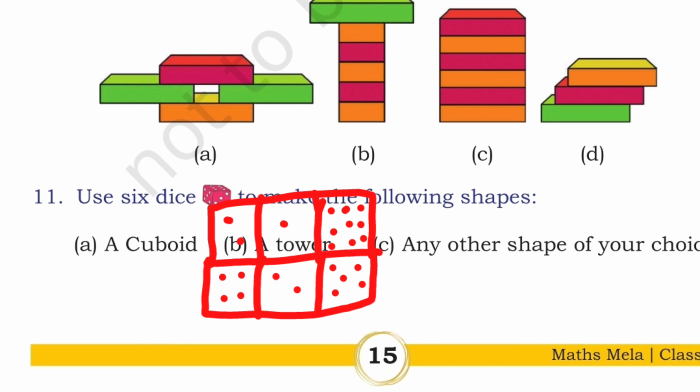By arranging, we can get a cuboid shape. So this is a cuboid shape. If you have dice at your home, please try and arrange and see whether you are getting a cuboid shape and a tower and any other shape of your choice. This is for your practice. Try to make a tower or any shape of your choice. Okay.